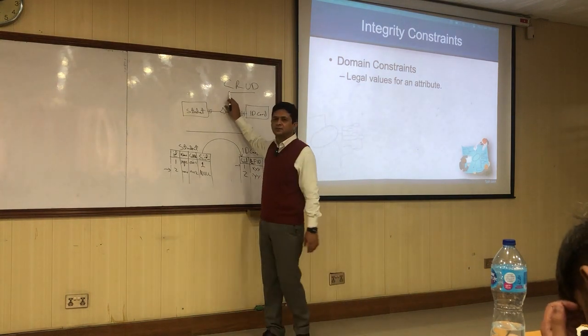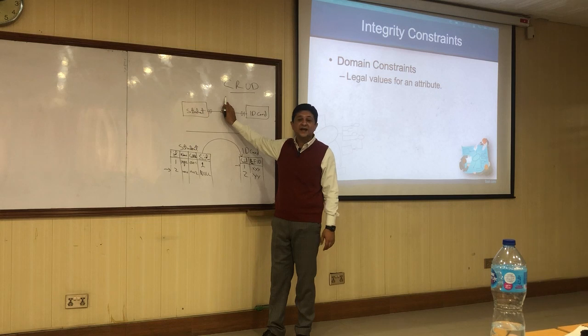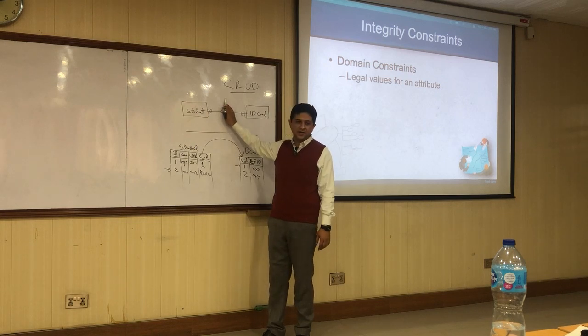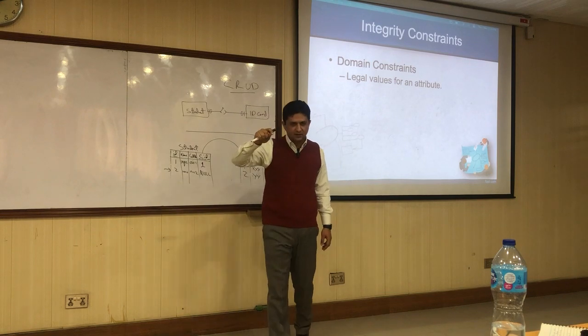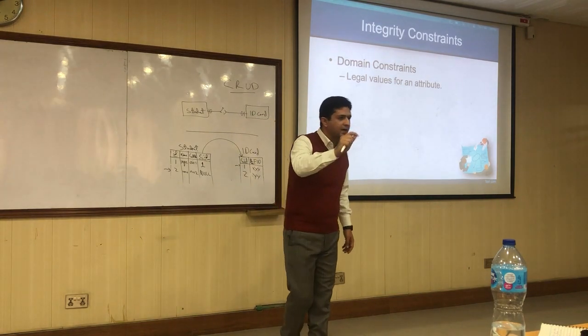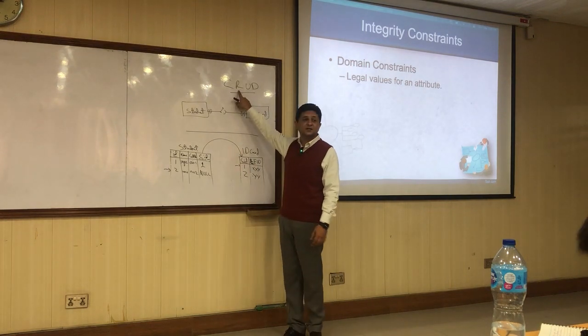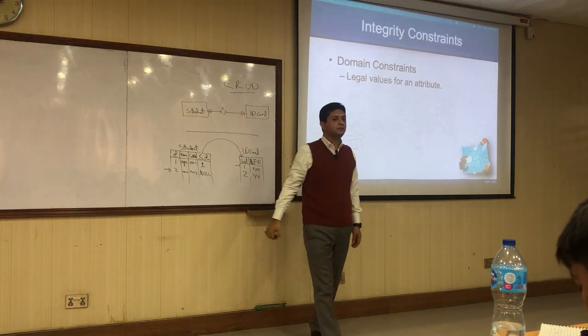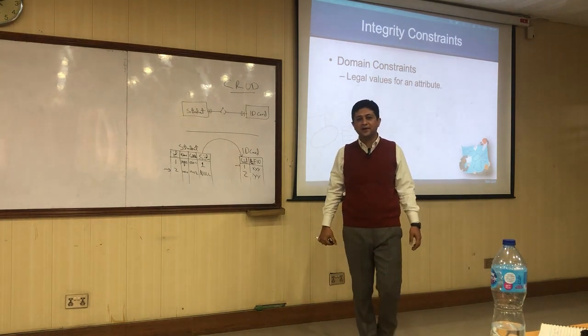Creation means adding a new instance, adding a new row in a relation. So C represents the addition of a new row in a relation. R means retrieval, reading of the data from a relation or multiple relations.